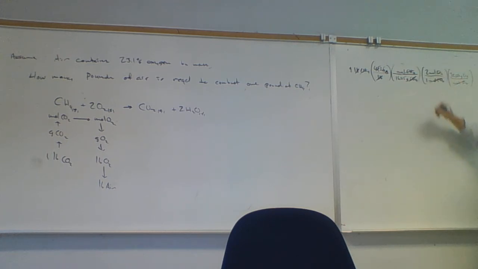The moles of O2 cancel. And then from grams of O2, we're going to pounds. So 1 pound is 453.6 grams. So the grams cancel. These are the pounds of O2. That's pounds of pure oxygen.